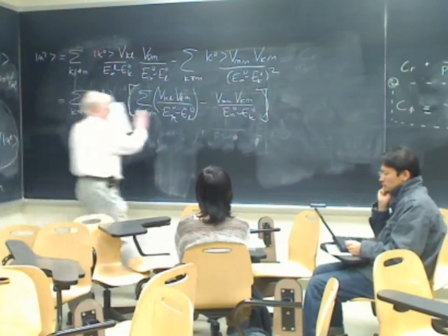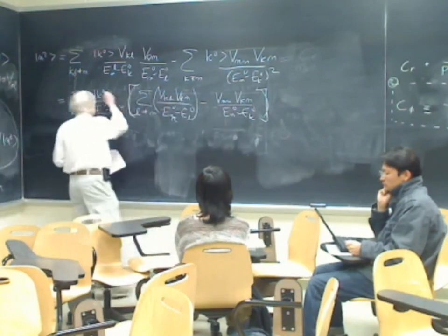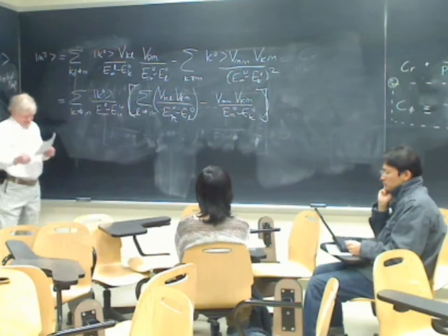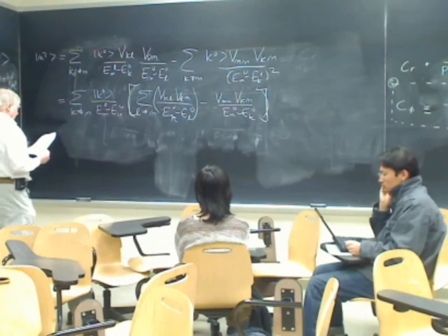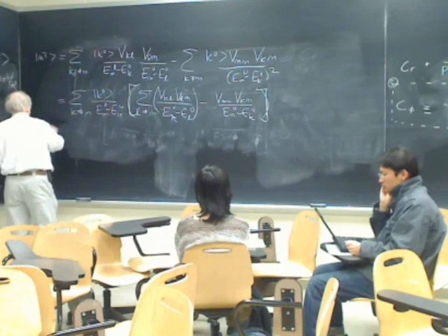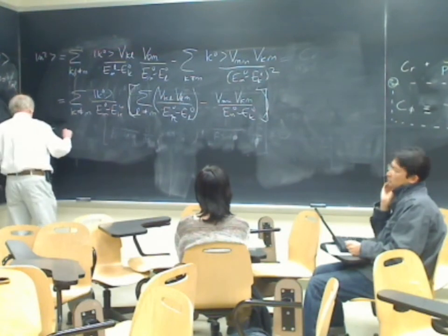So these are all numbers, and these are the only vectors. And of course, you can go on, but we won't, because it just gets more and more elaborate. So what is the energy eigenvalue?